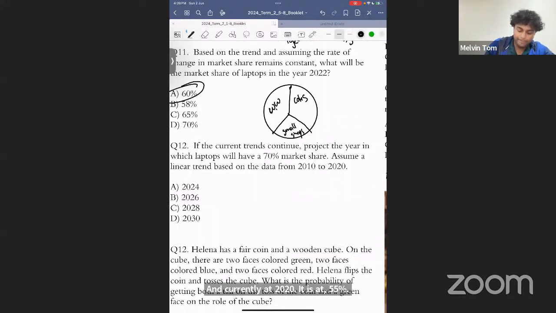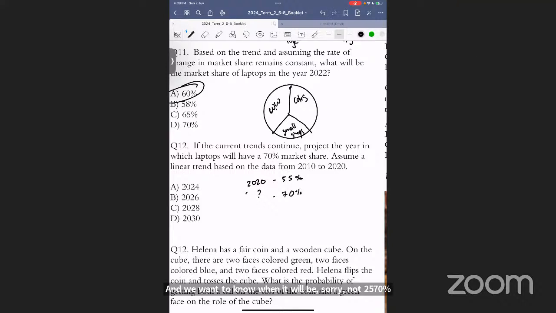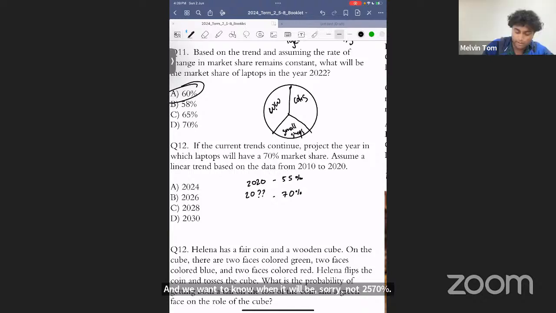So in 2020, it's at 55%. And we want to know when it will be, sorry, not 75, 70%. So to go from 55% to 70%, that is an increase of 15%, right?